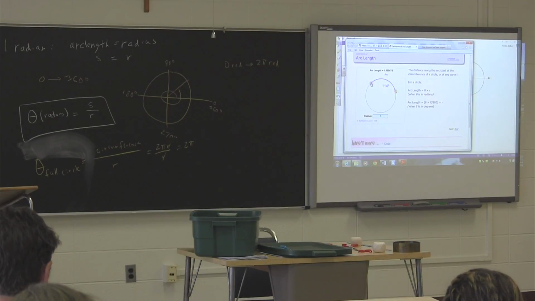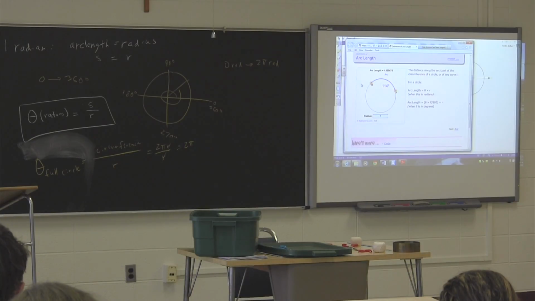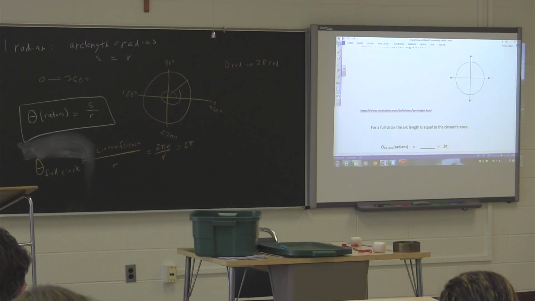Right about there, I guess. And that would be 2 radii, 2 radians as well, and so on. We can go to 3. So this is a nice way to visualize it as well. Although I thought the string was probably a more manual, physical way to do it. But you can do it easily with this as well. Okay? So you do have the link there if you want to use it in the future.